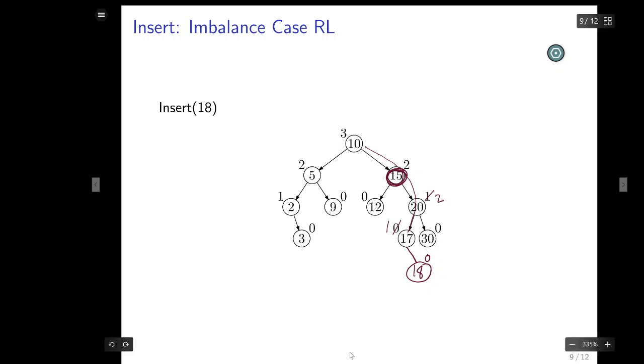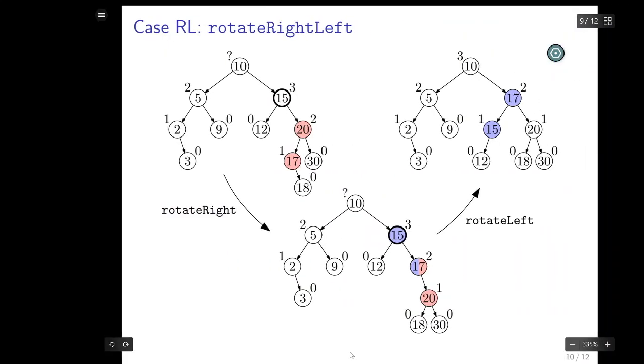In this case, we have a zigzag path that goes first to the right and then to the left. So we are in the case rotate right left. This is the picture that we want to implement, where we bring 17 up first by performing the rotate right, and then we perform the rotate left on the blue nodes, which brings the tree back into balance.